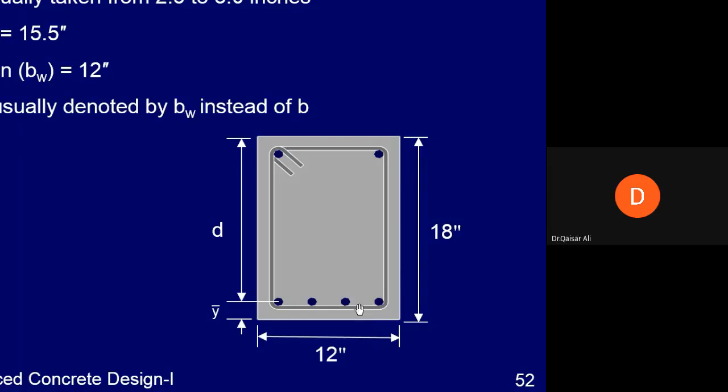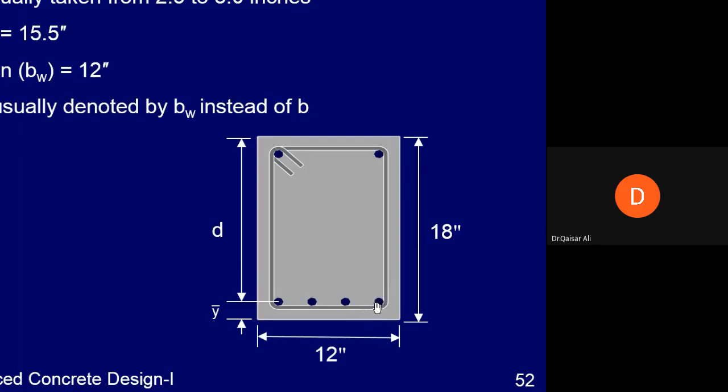Then this stirrup will always be there because we will need the stirrup to strengthen the beam against shear forces. Normally the size of this stirrup is 3/8 inch diameter, number 3 bar, which means the diameter of this bar is 3/8 inch.